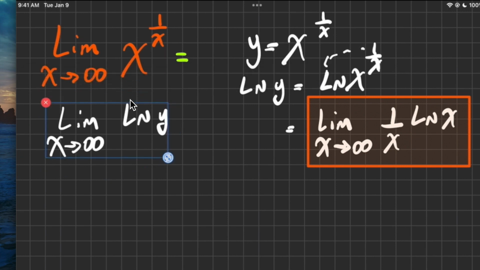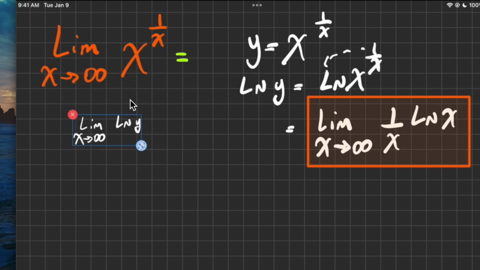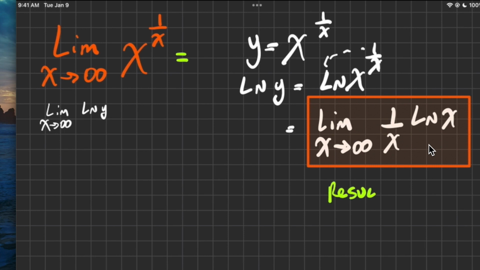When we get our final answer here on this limit, we're going to get a result. We're going to take that result, whatever it is, and put it in a little tiny box. Okay, so here's our result. We're going to put it in this little tiny box.